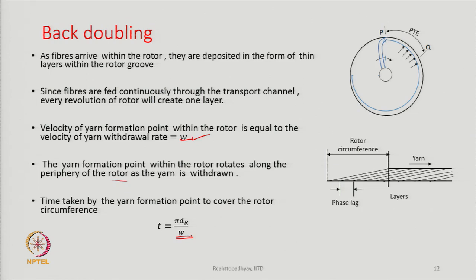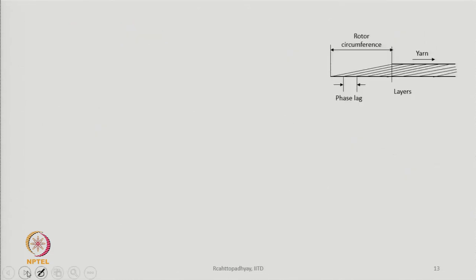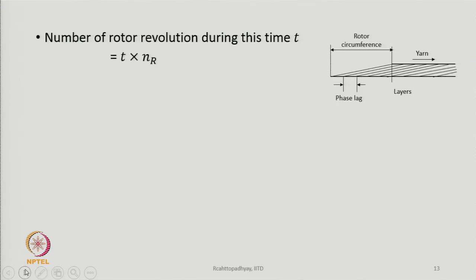Pi dr by W. Okay. So much time it will take. If that is the time it takes, then number of revolutions of the rotor in this time T is how much? T into nr, where nr is the speed of the rotor.